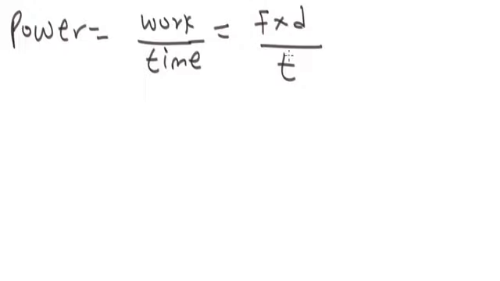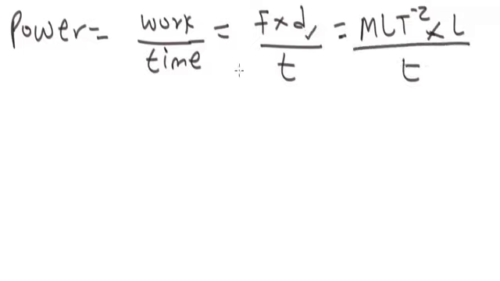The dimension of force is mass times length per time square, times distance, which is length, over time.